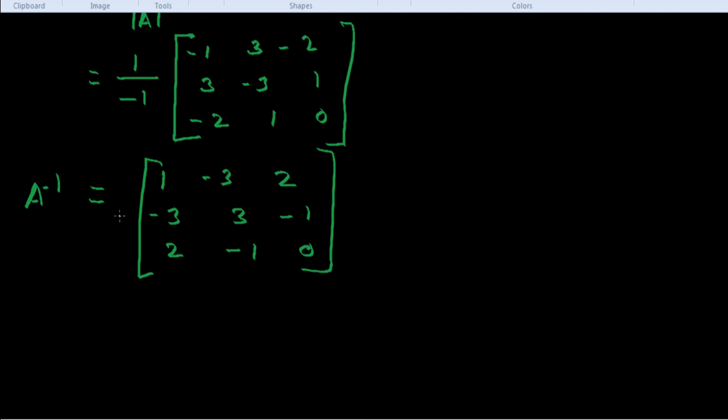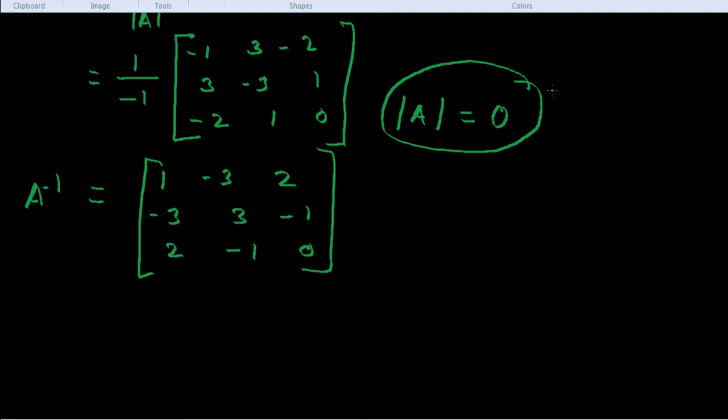In this way you can easily find the value of A inverse through the adjoint matrix. One thing we should always remember: if it is a singular matrix, whose determinant is 0, then the matrix is not invertible.